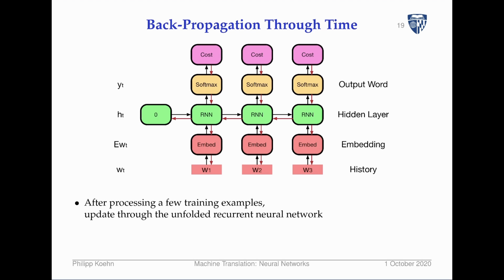But once we have it unrolled, let's just say this is a very simple example where we just have a four-word sequence. We predict the second word, the third word, and the fourth word. Each of them gives us a cost. We sum up over all these costs, and then that feeds backpropagation through all these things.